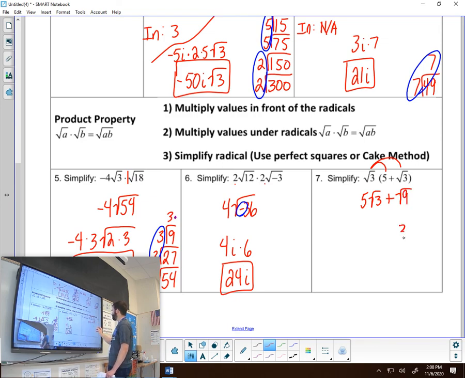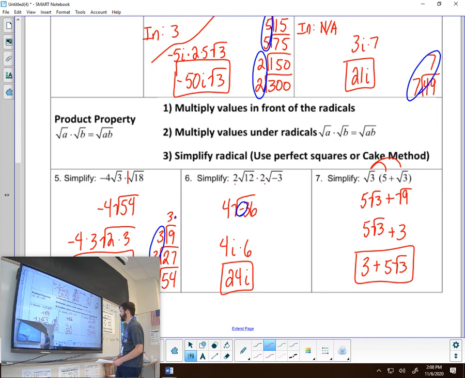Well, we know the square root of 9 is 3, so it's going to be 5 square roots of 3 plus 3. But remember, we want our whole numbers first, and then my radical numbers or imaginary numbers. So we're going to write it the other way. We're going to go 3 plus 5 times the square root of 3. And that's going to be my answer.